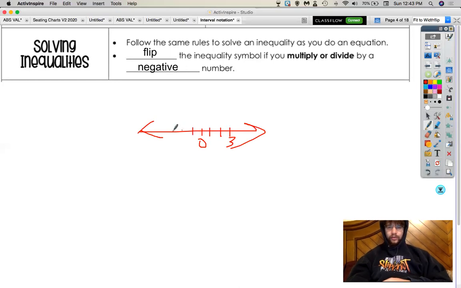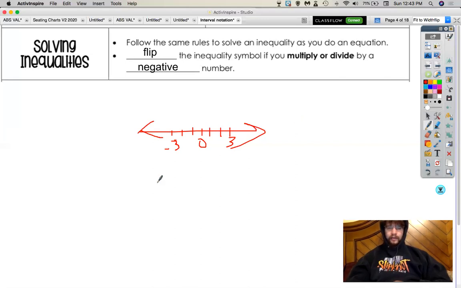The negative sign is a direction. And whenever you multiply by that direction, you have to change your direction. So if I were less than 3, if I were this way, and multiply by a negative, well, that had to change the direction of my arrow to that way. So that had to be greater than 3.